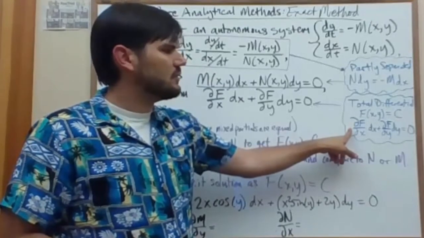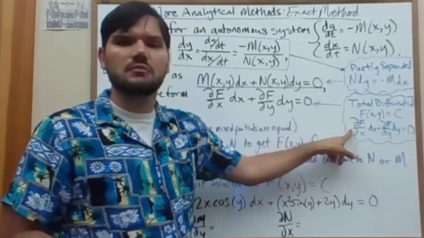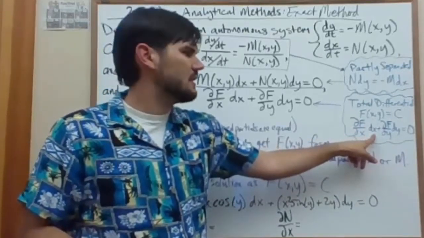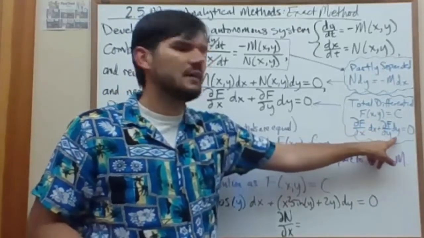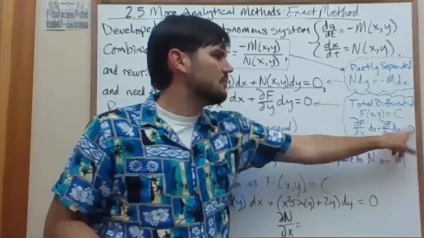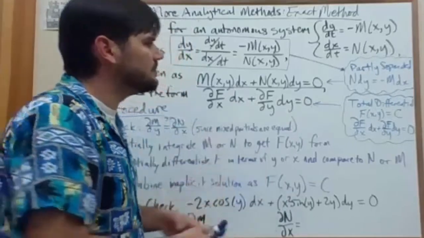But the total differential is simply the change in x, the partial derivative of f with respect to x, times that small dx, plus the change in y, partial of f with respect to y, times that small dy. All that added together equals 0 because the function was originally set to be a constant.